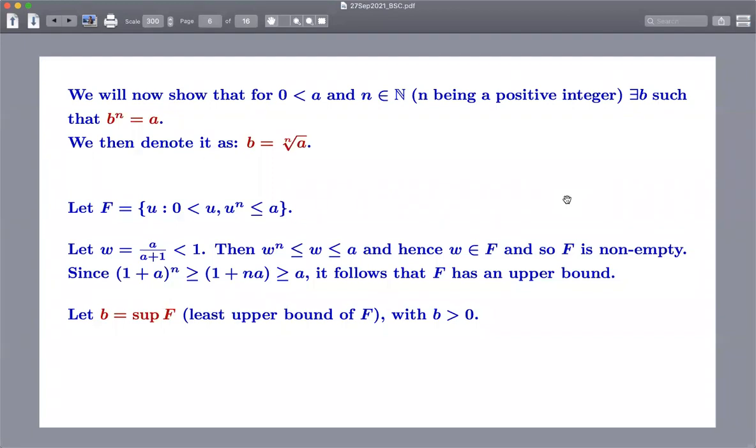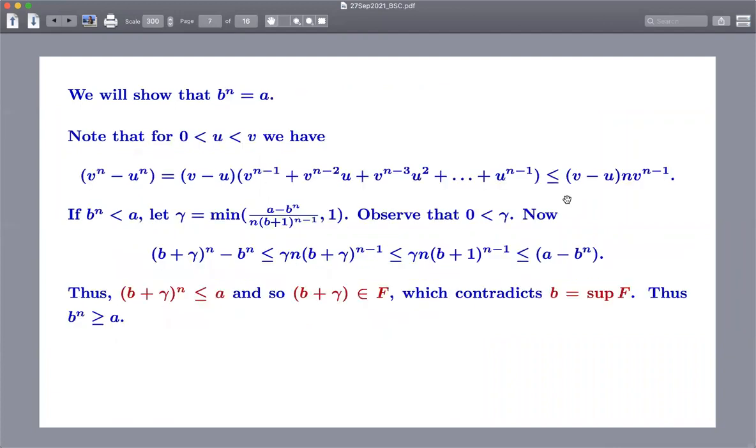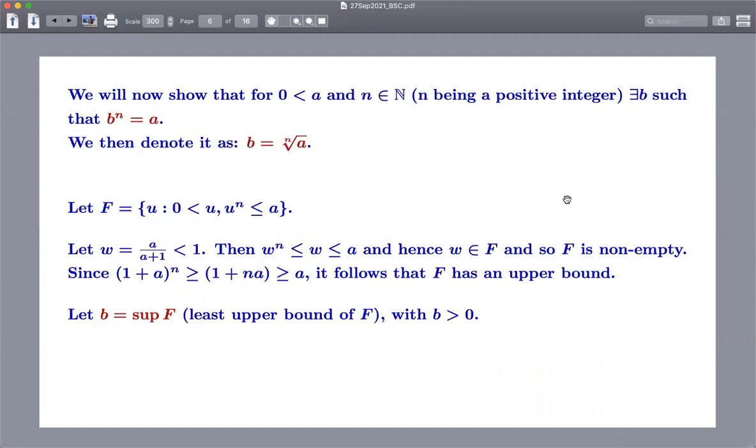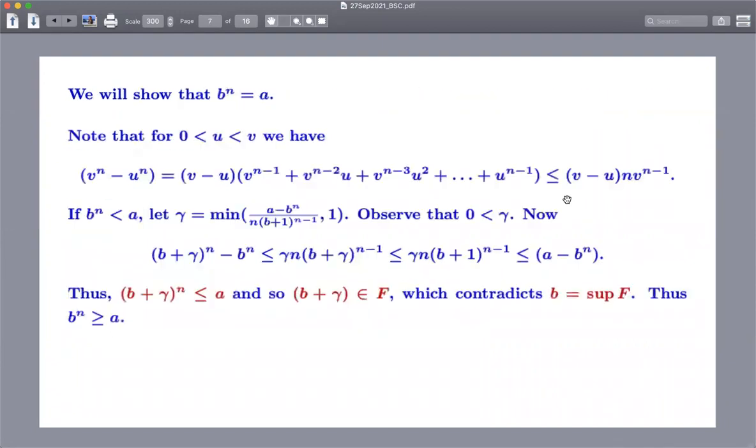I'm saying that whatever B is, if B^n is not A, then we can find a rational nth power between B^n and A. Yes, essentially that is what is going to be proven here. The intuition is just that, correct.